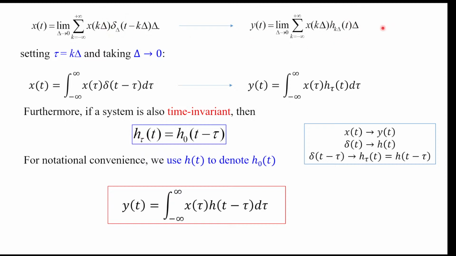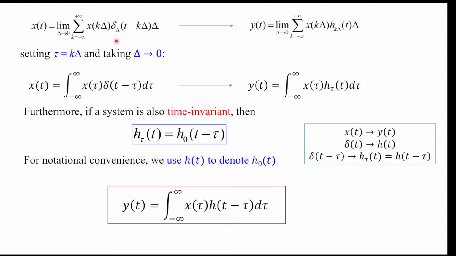And then, just like the discrete case, if our system is time invariant, I guess the logic here is we take the limit of delta going to 0 of the summation. We are summing over something times delta, and when delta goes to 0, this summation becomes an integration. So x of k delta we rename as a dummy variable tau, so this is now x of tau.